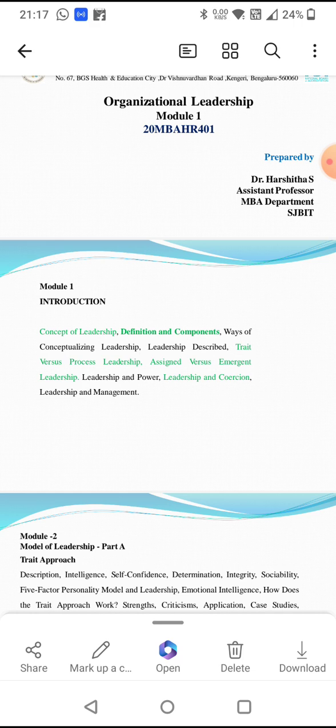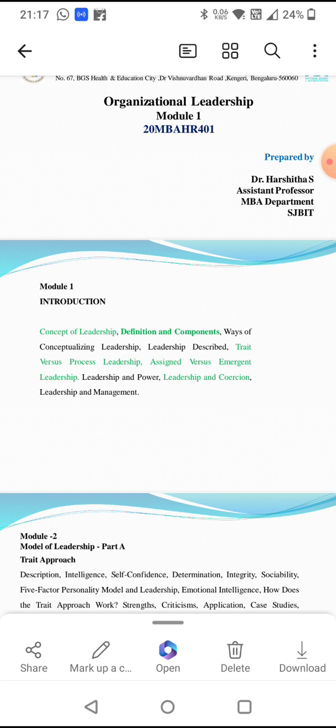This Organizational Leadership subject is made to make ready the dual HR or core HR students with respect to the organization perspective or environment, wherein they'll be learning about leadership qualities, the way the leader has to take care of his employees, make his employees more productive, improve their performance as well as the organization's performance, and retain them for a longer time in the organization, right?